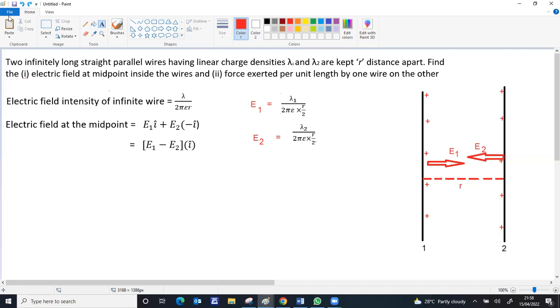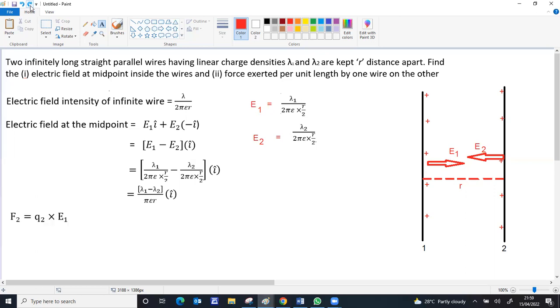Substituting the values of E1 and E2: lambda 1 by 2 pi epsilon r by 2 minus lambda 2 by 2 pi epsilon r by 2, common i cap. The 2 gets cancelled, and pi epsilon r comes out, then lambda 1 minus lambda 2. So that's the total electric field intensity at the midpoint of the two wires.